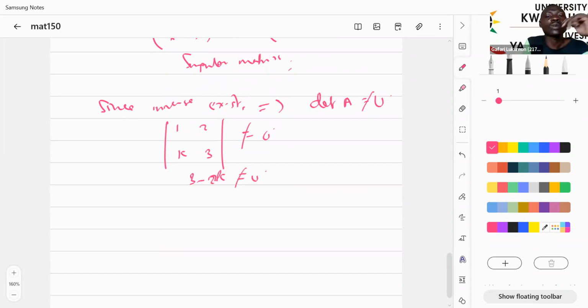So 3 is not equal to 2k, and you can conclude that k is not equal to 3 over 2. So k can be any real number except 3 over 2.